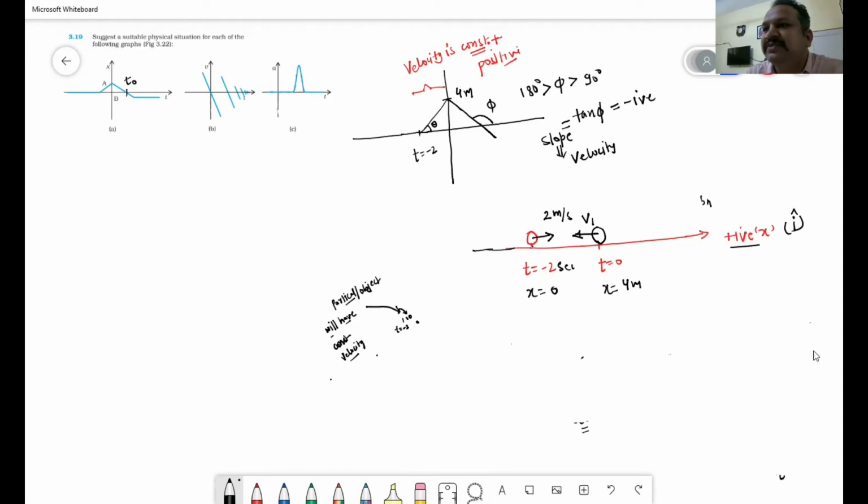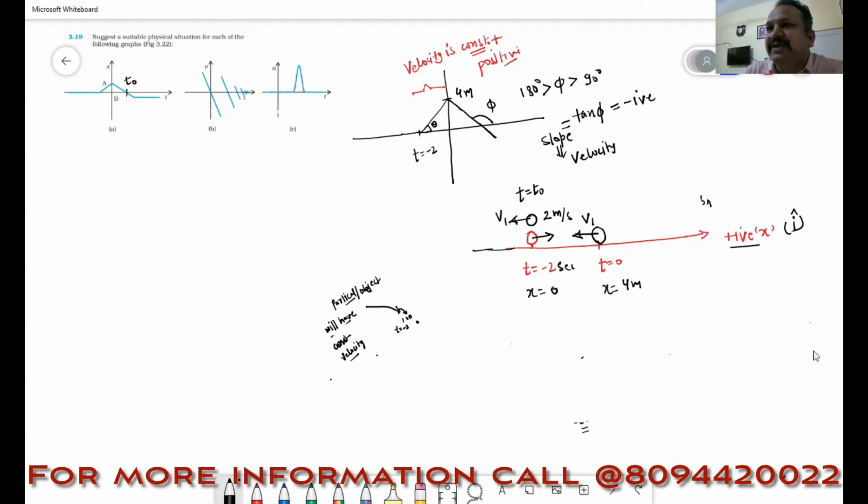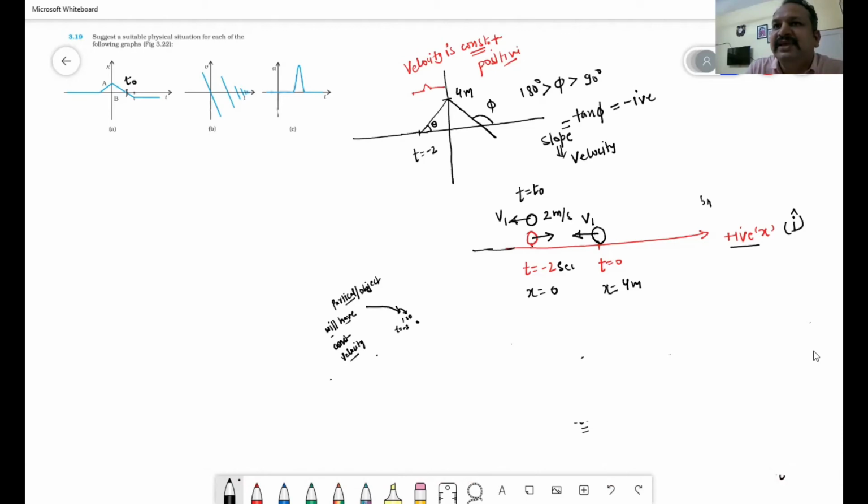So I am just putting the situation over here. This is at time t is equal to t0, and again this will have some velocity v. This time t0 is positive. Then again you will see this time, suppose t1.